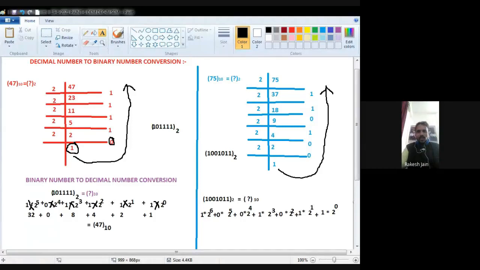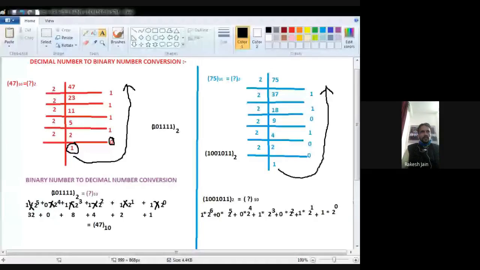The rightmost bit is 1, so 1 multiplied by 2 raised to the power 0, then the next bit is also 1, so 1 multiplied by 2 raised to the power 1, then the next bit is 0, so 0 multiplied by 2 raised to the power 2, then 1 multiplied by 2 raised to the power 3, then 0 multiplied by 2 raised to the power 4, then again 0 multiplied by 2 raised to the power 5, and the leftmost 1 multiplied by 2 raised to the power 6.